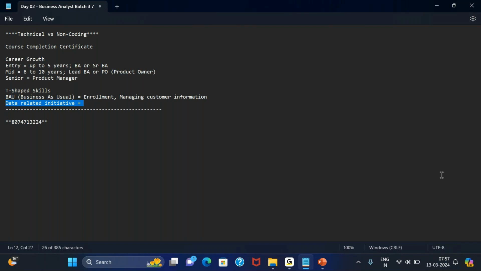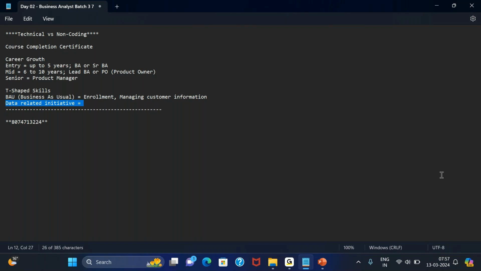Because for you also it will be a plus point to sell your domain knowledge, that for the last 2 or 3 years I have been in the banking domain. If you have worked on multiple domains, like let's say 1 year in banking, 1 year in health insurance, then maybe you can apply on both sides.